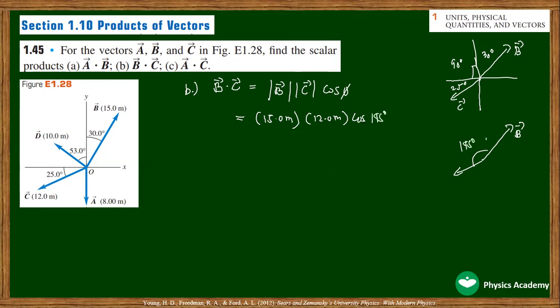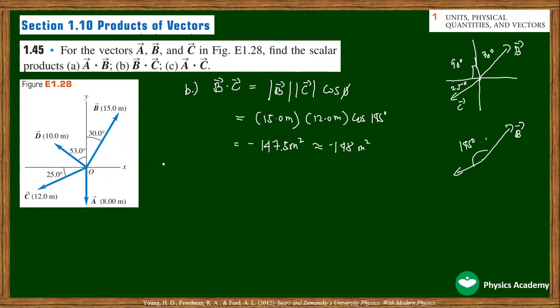So we have 15 times 12 times cosine of 145 degrees, which is negative 147.5, or we can just make this negative 148 meters squared.